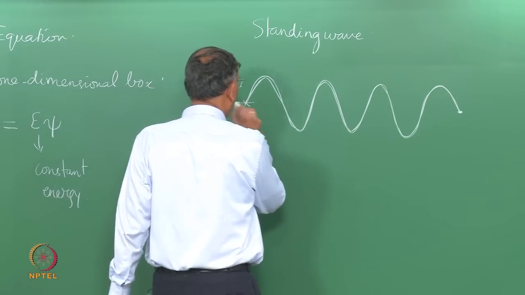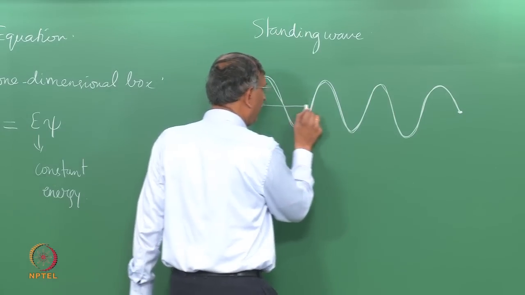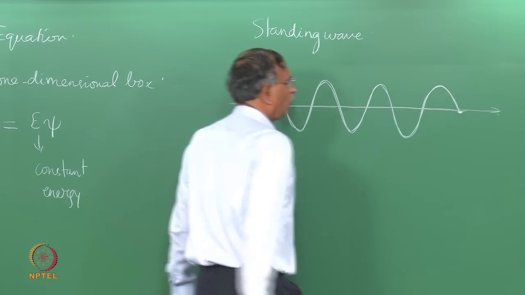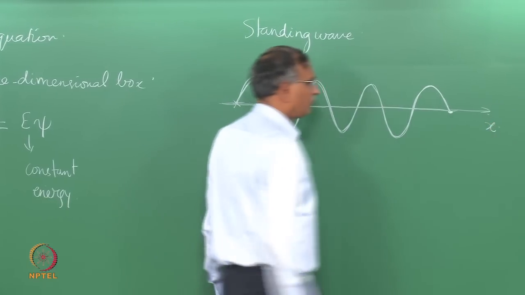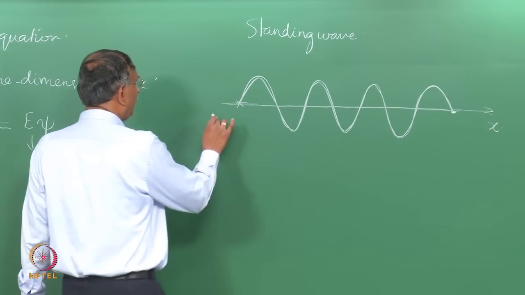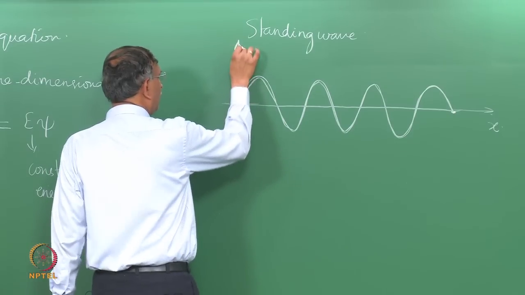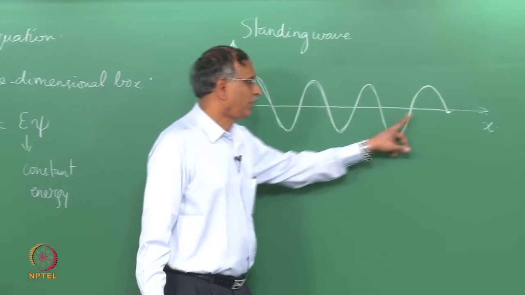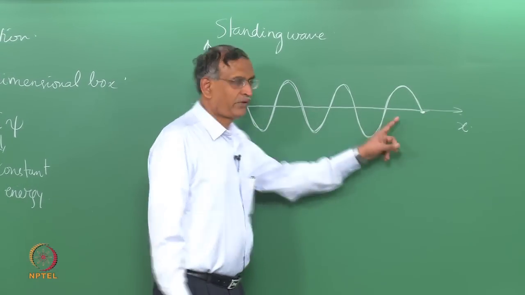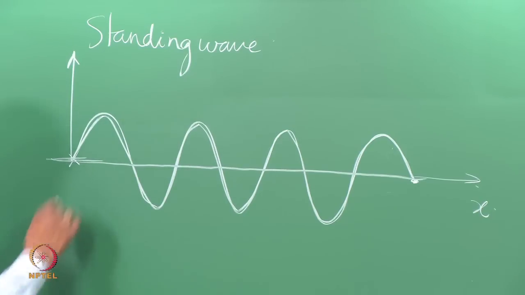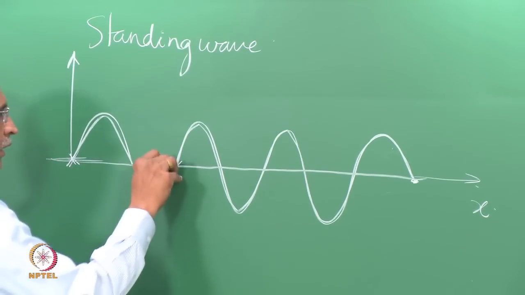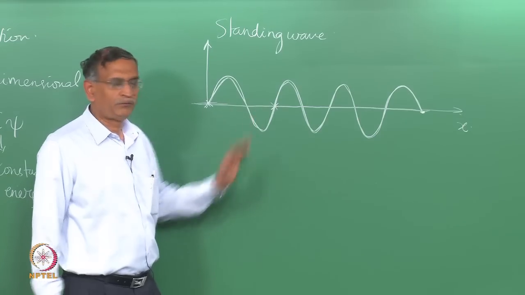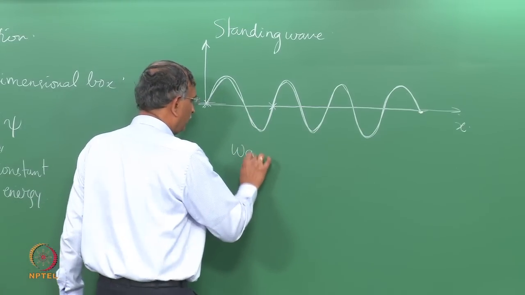So, if you want to look at the axis, this is the coordinate or the x axis that you might want to talk about, and this is the axis for the amplitude of the wave at any position x between some fixed points. Obviously, for this wave, the length of the repeating unit is called the wavelength lambda.